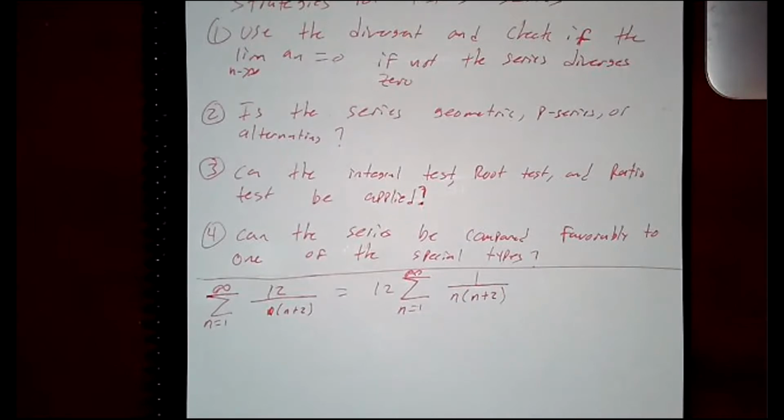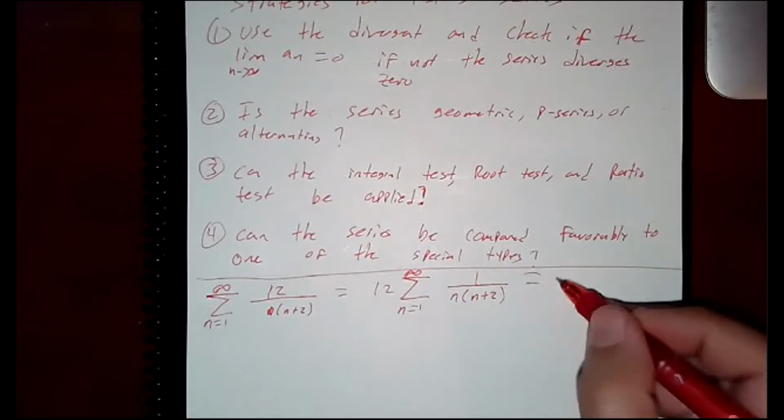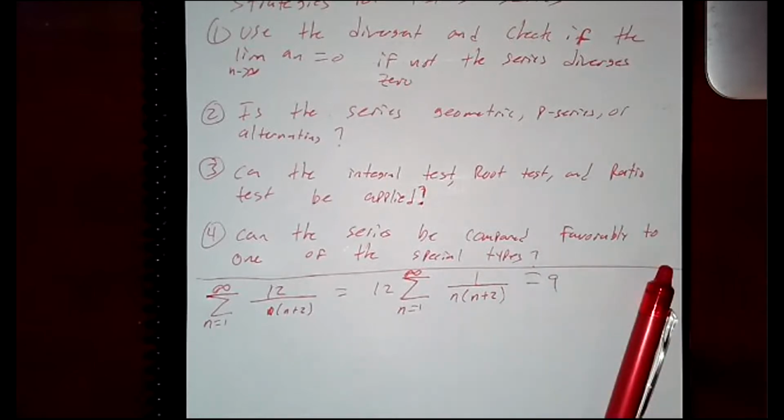All they wanted was the sum? Yeah, to get the sum, the answer of the sum. And I got the answer, but I don't know the steps. What was the answer? 9. 9? Okay. We'll think about that in a second.